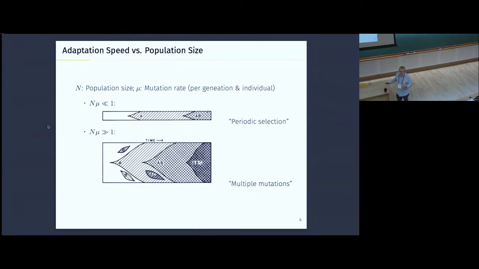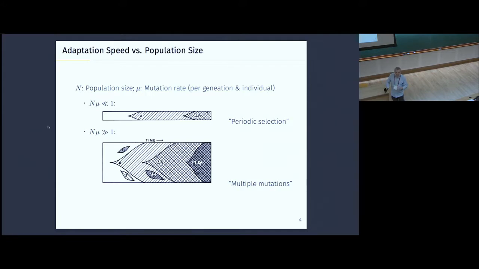And if it does, imagine a situation in which C is better than A, and by some chance C succeeds in growing beyond, you remember we had this threshold, N star, beyond which we said the variant was established. If C goes beyond N star, then it simply displaces A, and you would have only C and not A.